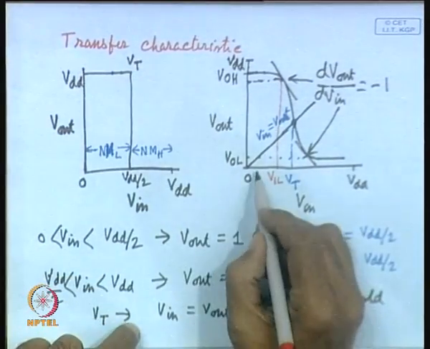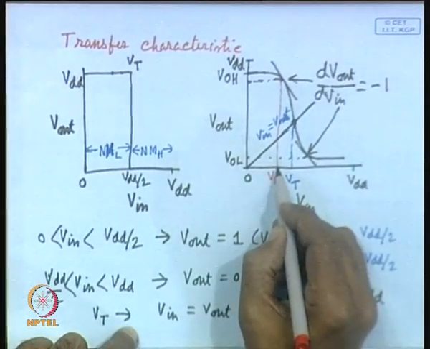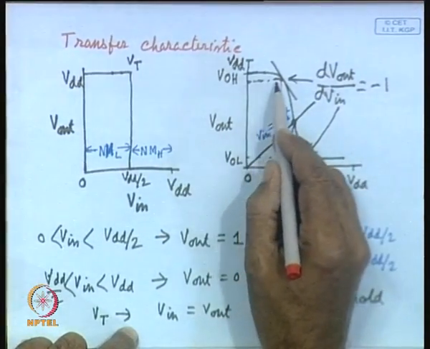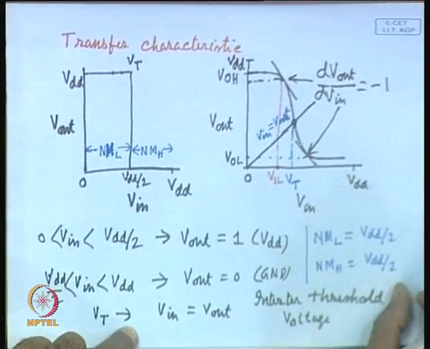That means, as long as the low level input is in this range 0 to VIL, the output will be VOH. So as long as this is the situation, it will be like this.